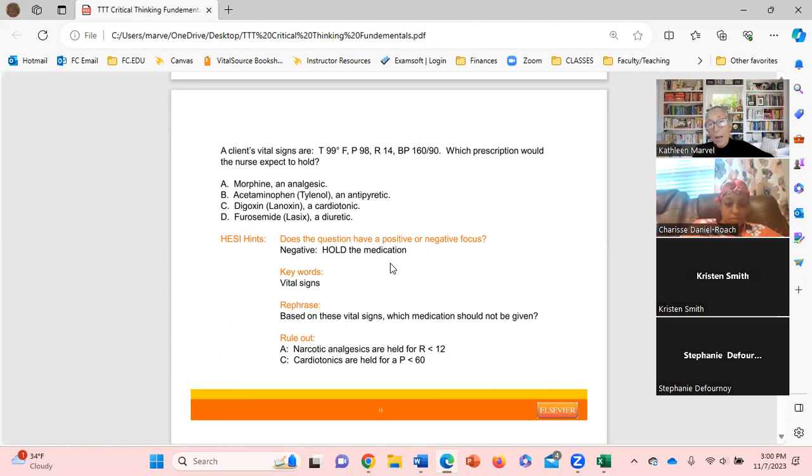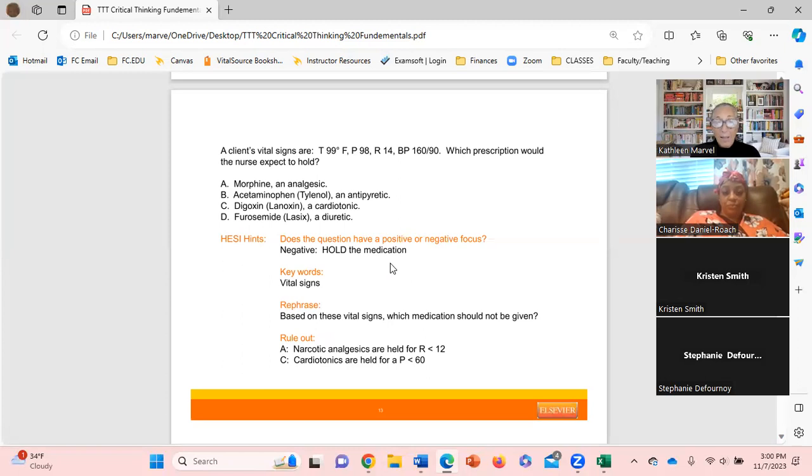The other thing you have in the exam software, not only do you have the highlighter, but you have the line that you can draw through once you've figured out what you can rule out. Does anybody use that? No, I didn't know we could do that. I'm going to have to play around with that.